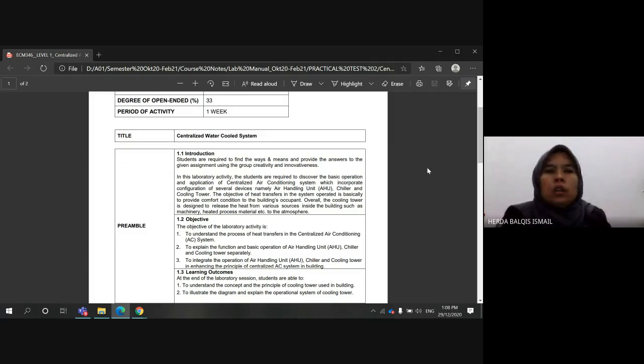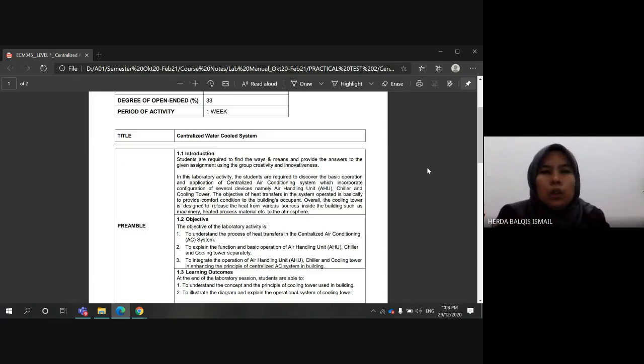And bear in mind that the centralized water cool system, the centralized air conditioning system, comprises these three main separate devices: the AHU, air handling unit, the chiller, and also the cooling tower.